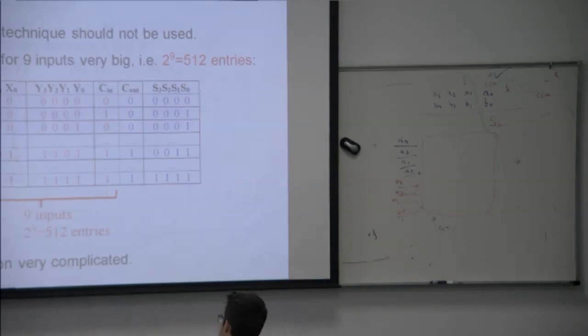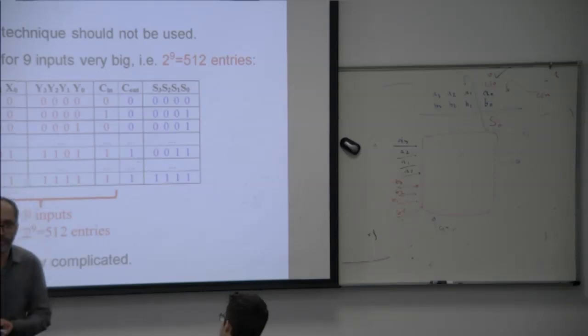So now you want to design a 4-bit adder. How many possible combinations? Now, another question: we want to formulate a problem. If we want to have an n-bit adder, how many possible combinations do we have? 2 to the power 2n plus 1.